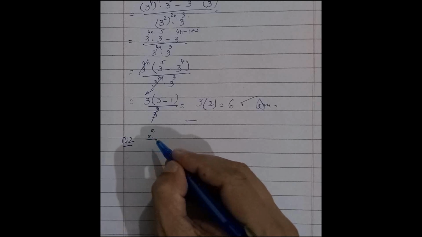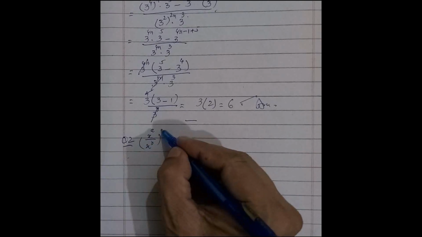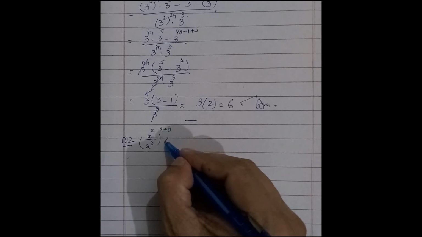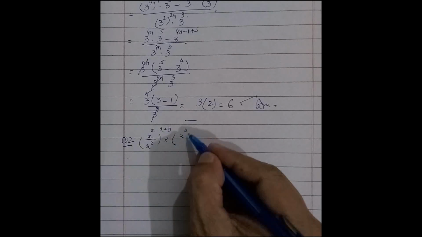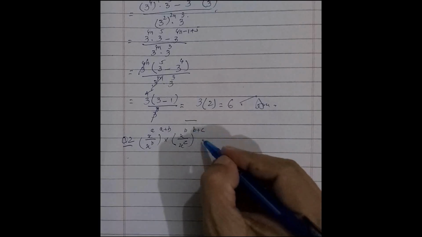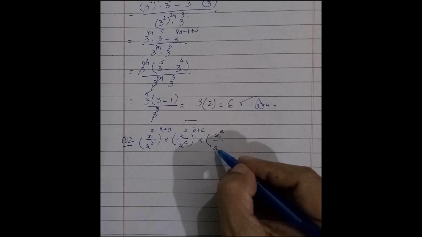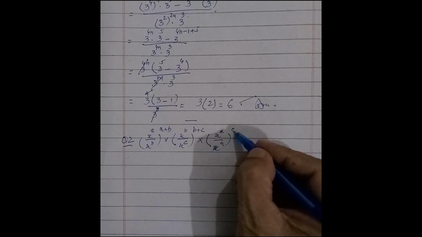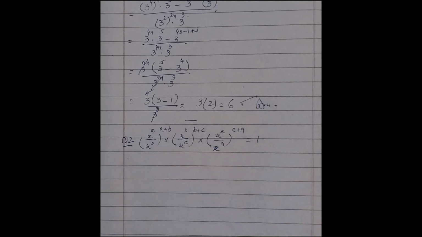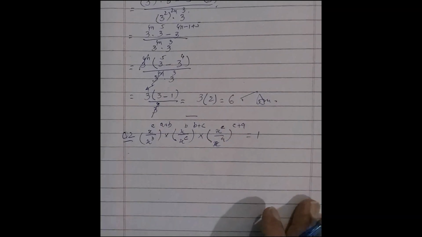x power a over x power b whole power a plus b multiplied by x power b over x power c whole power b plus c multiplied by x power c over x power a whole power c plus a is equal to 1. Now we show by simplifying that these values are equal to 1.